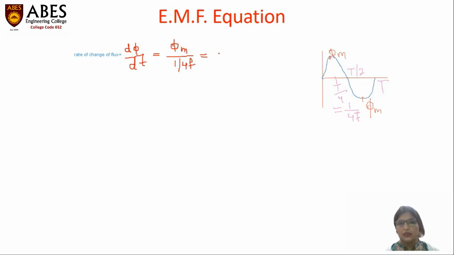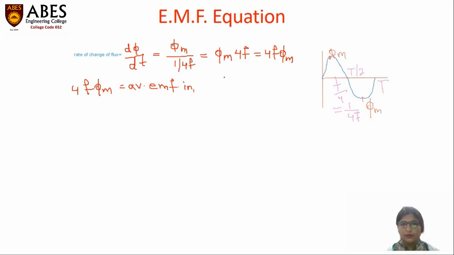So we can write this as phi m into 4f, or 4f phi m, right? And this is the average rate of change of flux, and this will be equal to the average EMF induced per turn of the coil.